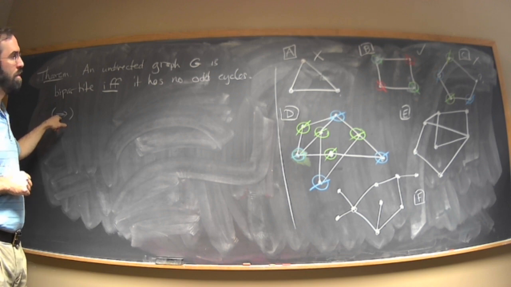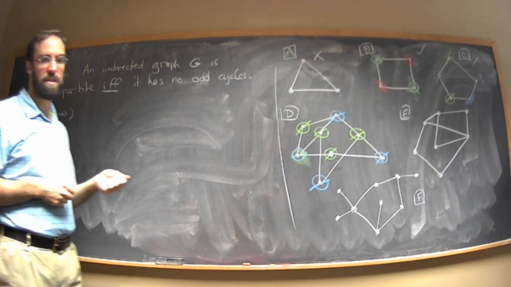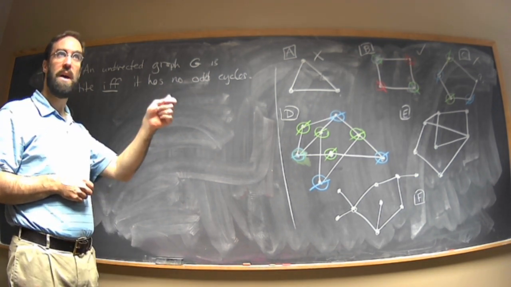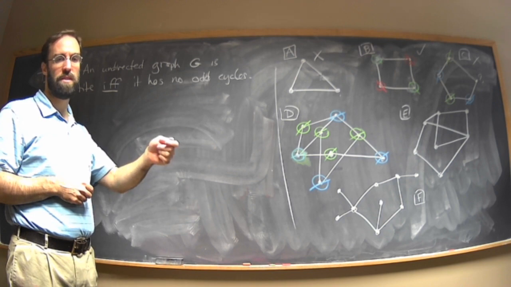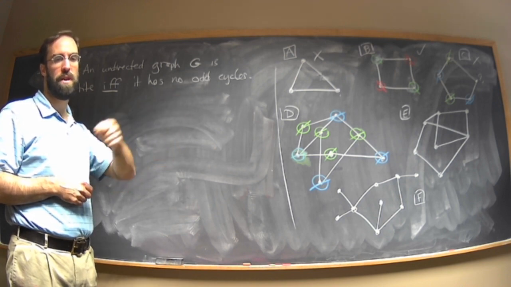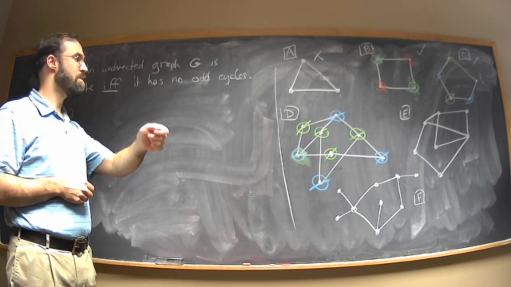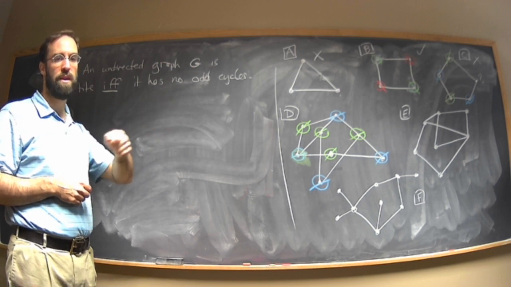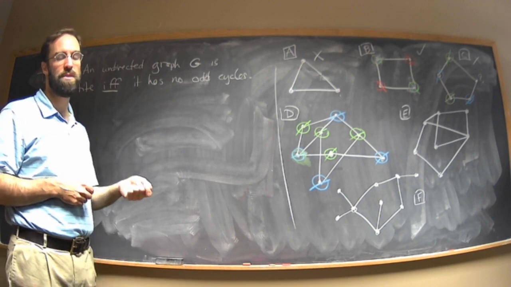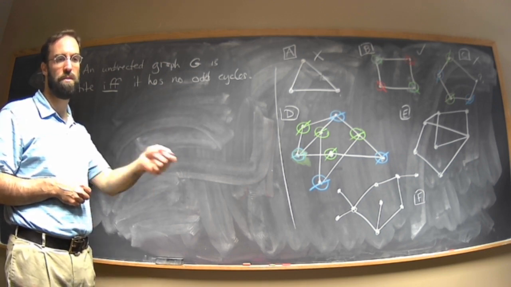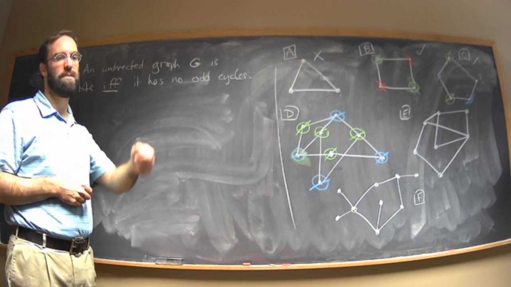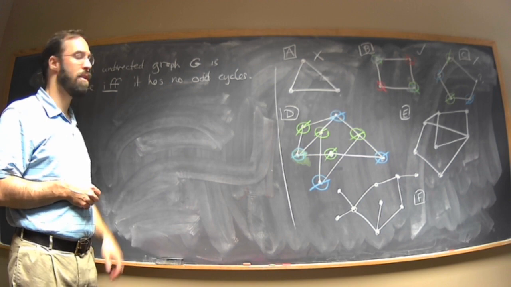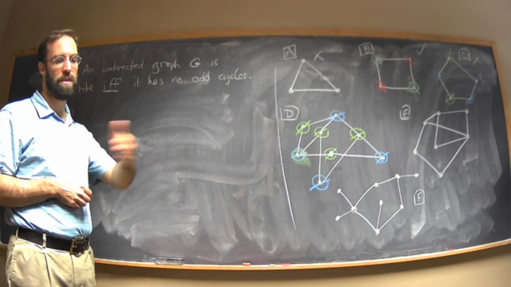The reason is, if it's bipartite, then any cycle, any path at all, has to bounce back and forth between the left and right sets, because all the edges go from left to right or right to left. So as I follow a path, I'm going left, right, left, right. And in order to come back to where I started, I've got to go through an even number of lefts and rights to get back to the vertex I started at. I could go left, right, left, or I could go left, right, left, right, left.